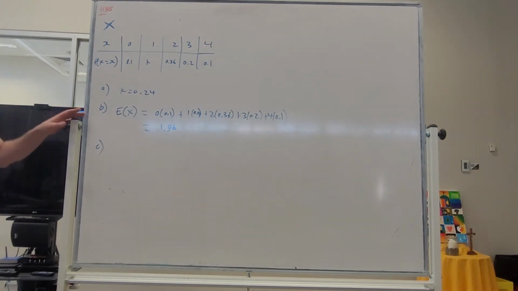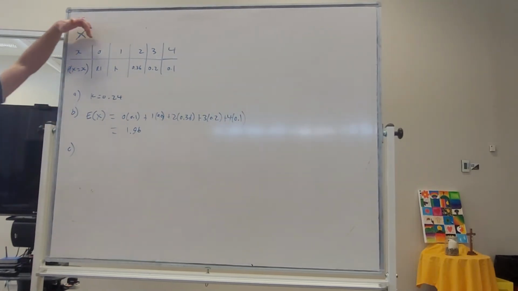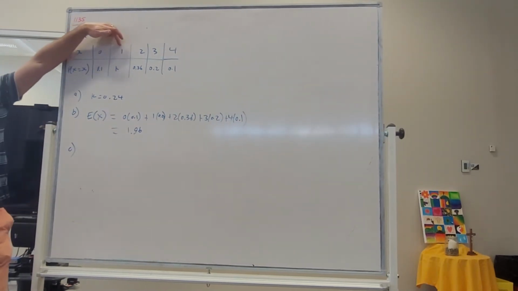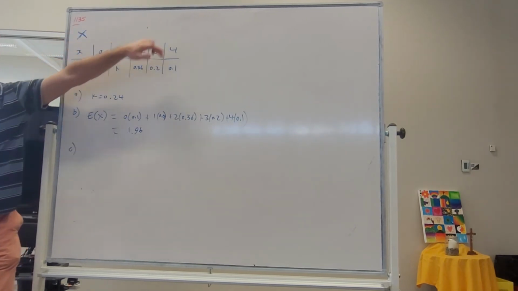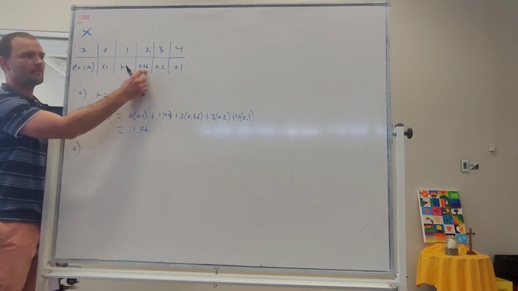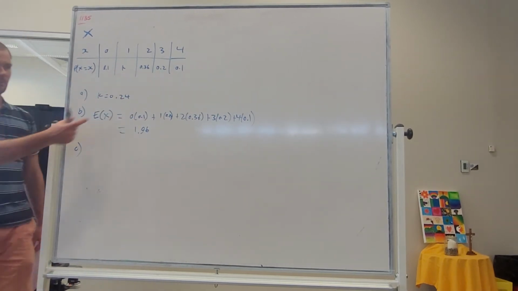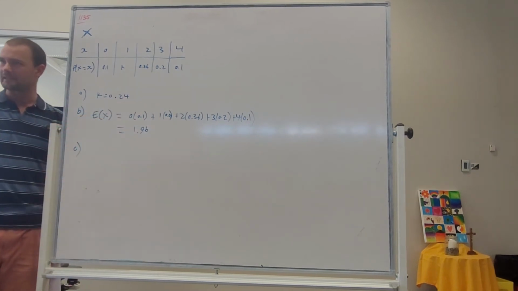It says Sherlock's a detective, makes $10,000 a month, and then every case that he solves, every crime, he gets an extra $2,000. Sometimes he might solve 0, sometimes he might solve 1, 2, 3 or 4 cases, which is the most he's ever solved. And then there's a probability of solving that many cases. Here we found K, because the sum of all probabilities is 1.